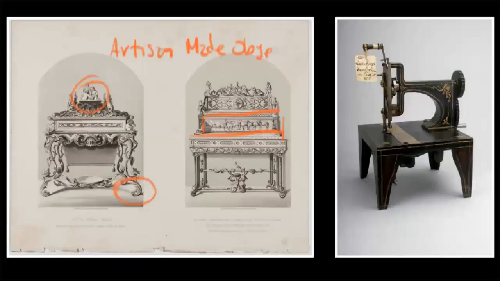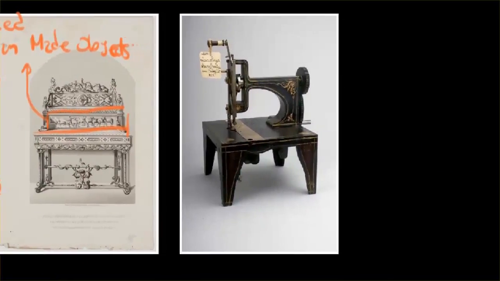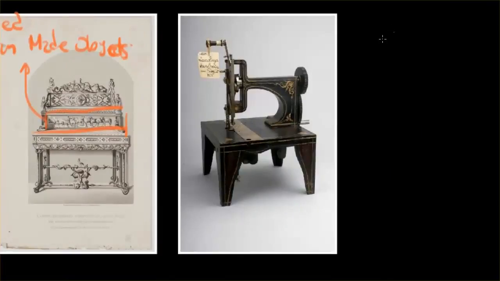And what's funny is that even though these objects look like they were made by artisans, in many cases they used industrial production. So these objects looked like they were made by artisans, but they were actually industrially produced, and on many occasions mass produced.